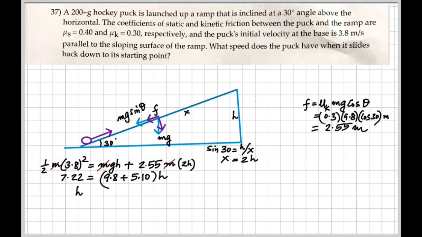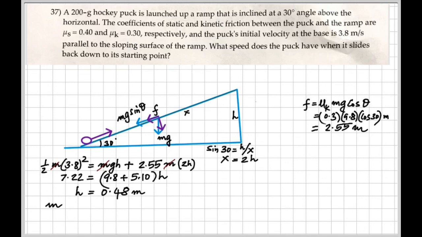And I've just taken out the h from both quantities. So here you only have g. And here you have 2.55 times 2, which gives 5.10. And then we can find the height. So you get the height as 0.48 meter.